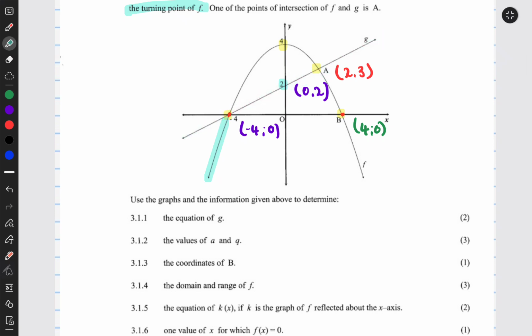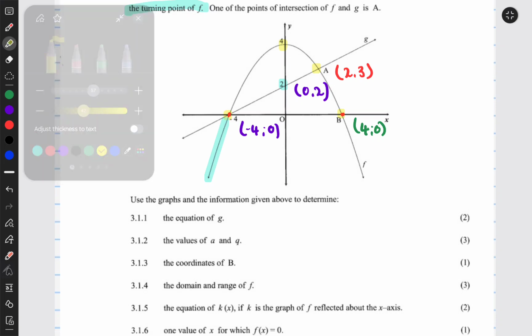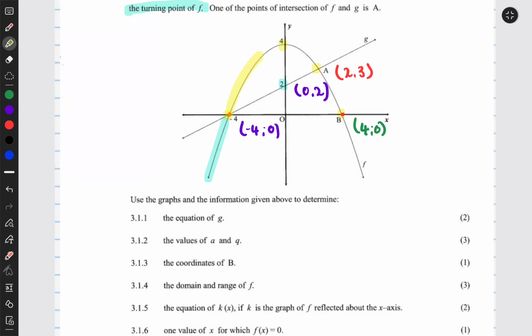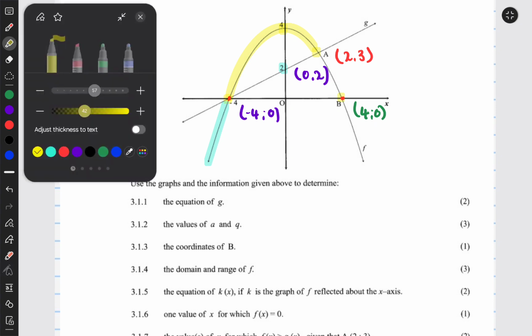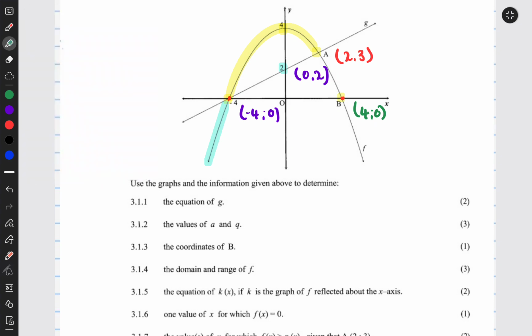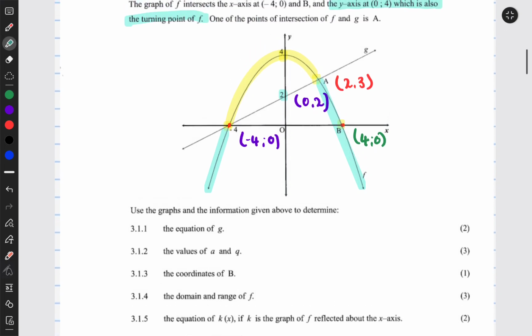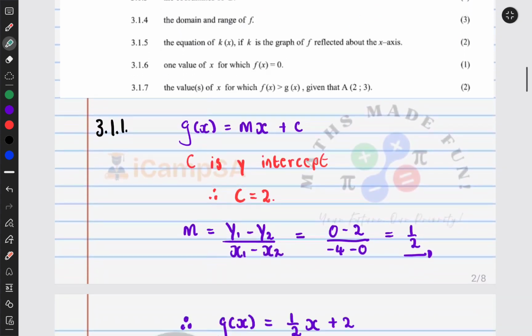Okay, and once we get there at -4, right up until A, the graph of F is above the graph of G. And then when we get to A, once again the graph of F goes below the graph of G. So it's all those values of x between -4 and A, which is 2.